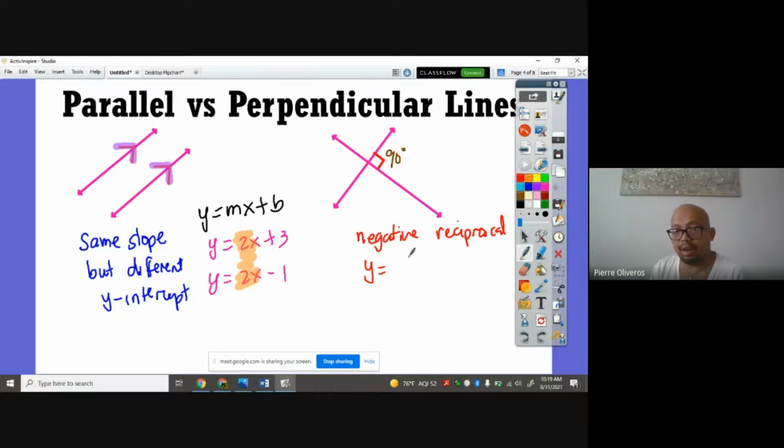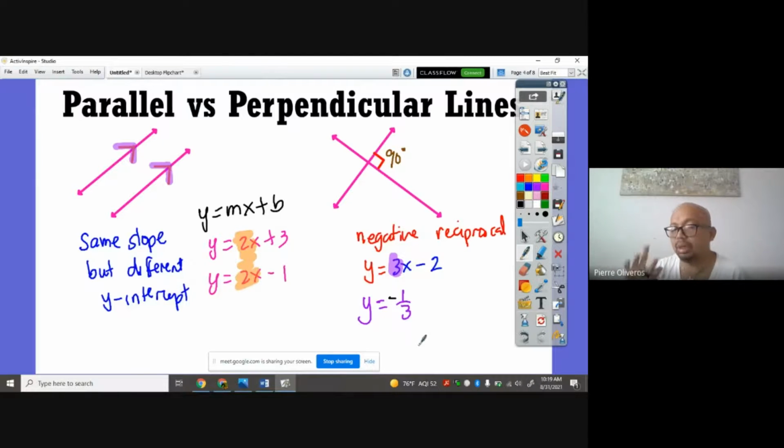For example, if I give you y equals 3x minus 2, what could be an equation that will represent a perpendicular line to it? First, we identify what the slope is. The slope here is 3. What is the negative reciprocal of 3? If you say 1/3, you're wrong. But if you say negative 1/3, you're right.